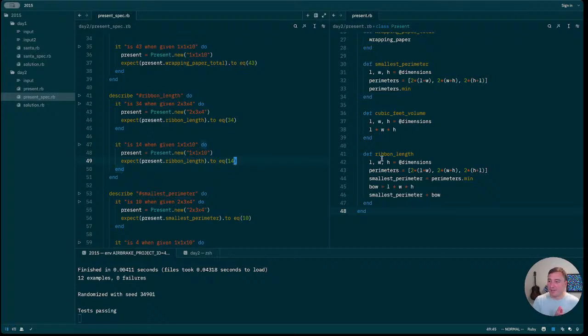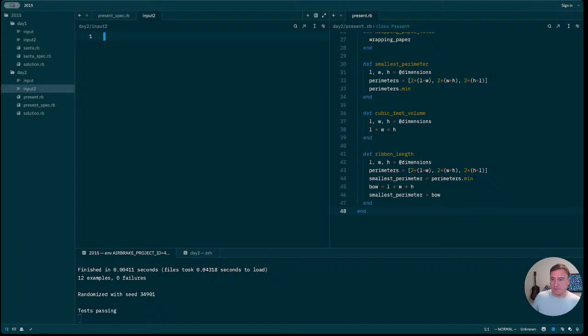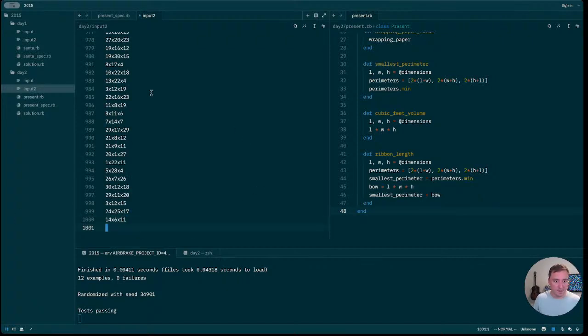Maybe as the problems get harder too, we'll get into a situation where we need to come up with a few new test cases, and it won't be as straightforward. But we need to get this puzzle input for the second problem.